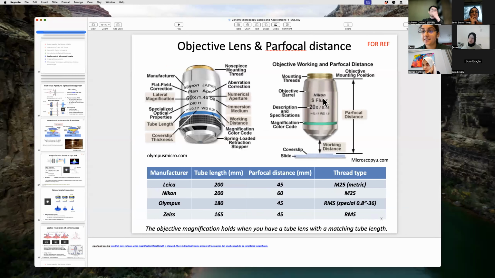Okay. So this is an objective lens, and the key part you need to be able to read is on the side. 60x is the magnification, and after the slash is the numerical aperture, 1.4, which is very high. If you want really high resolution, you may use this one, but you put immersion media, oil, here.